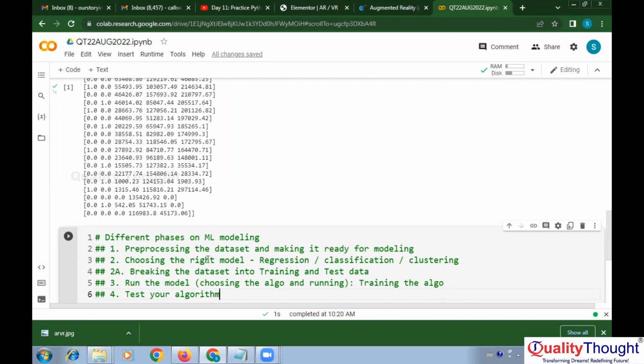The most difficult part is the first step. The second most difficult part is your testing. Easiest is running the model. 2 and 3 are the easiest. We spend more time on making it ready.